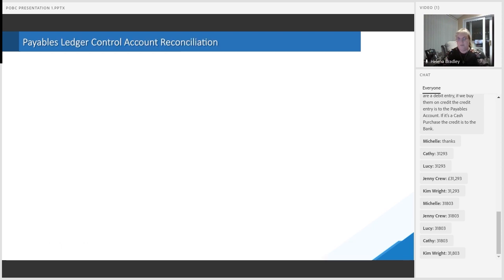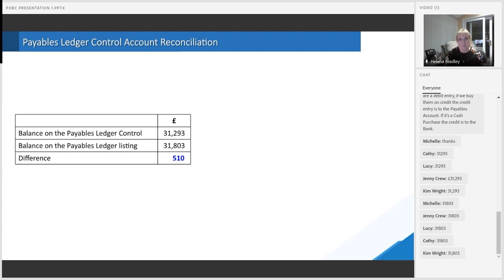You'll be given some information like we've just gone through. You'll be given figures to calculate the payables ledger control balance. You'll be given information to calculate the balance on the payables ledger. We'll calculate the difference. So we know it's 510. We need to bear in mind what needs to happen, and that's the logical approach. Which account needs to increase, which account needs to reduce.